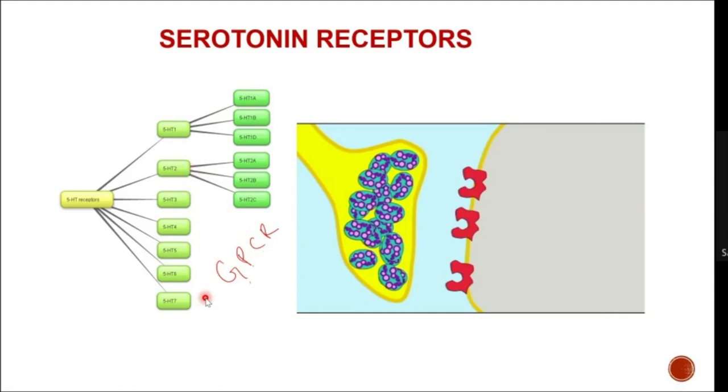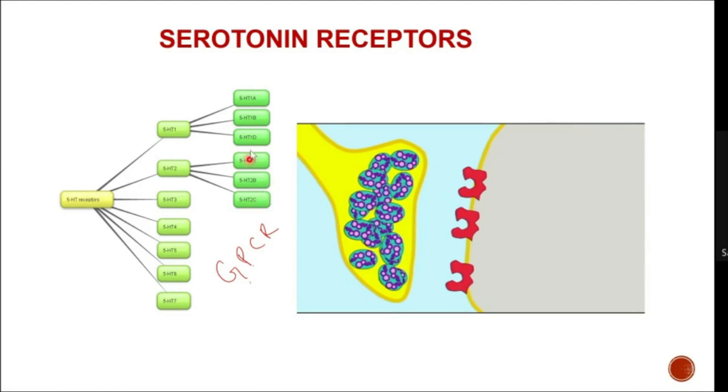So as I say, except for this, all are G protein coupled receptors. Another thing we have to take care of is this: 5-hydroxytryptamine 1 receptor has subtypes like A, B, D, and for 5-hydroxytryptamine 2, we have subtypes like 2A, 2B, and 2C. What are these subtypes going to do?